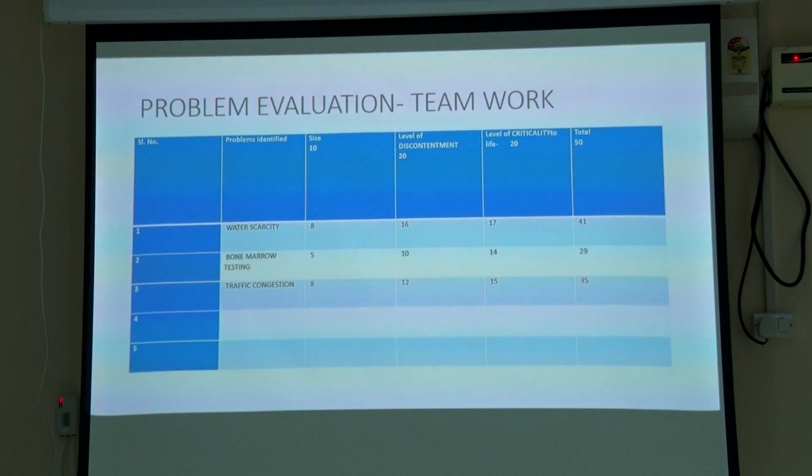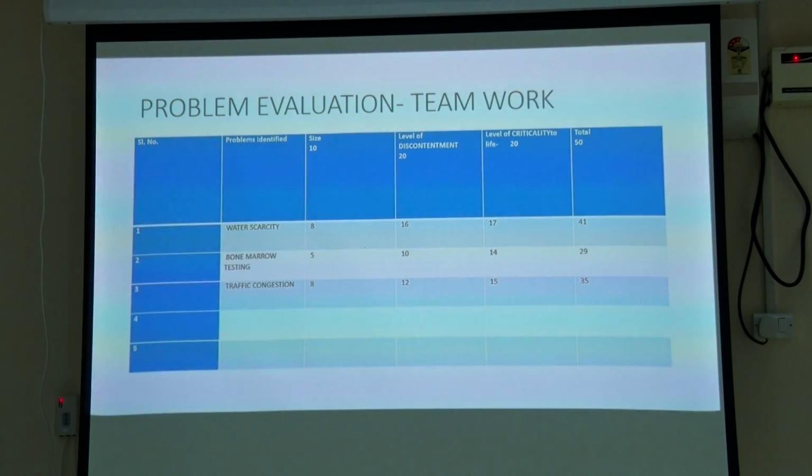The level of discontentment refers to how discontent the problem facers are with the current solutions. So if there are plenty of solutions available for the problem, the level of discontentment will be low. Or if the current solutions do not satisfy the problem and leave gaps, then the discontent will be high. So where the discontent is very high, the problem is asking for solutions.